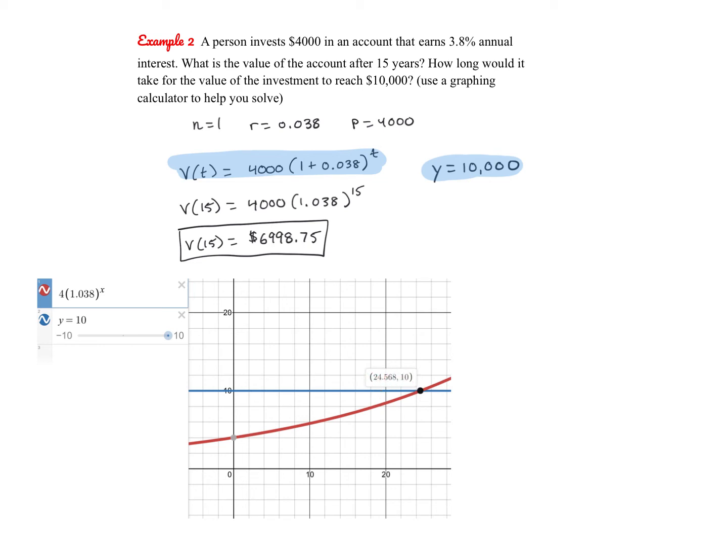So if it says how long would it take for the value to reach 10,000, I'll take this. Well, I wouldn't want to ever round down, because at 24 years it won't have reached 10,000 yet. So I'll round up to the nearest whole year. So we'll say about 25 years.